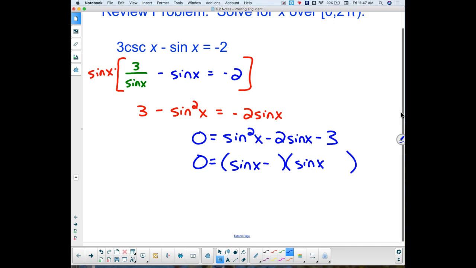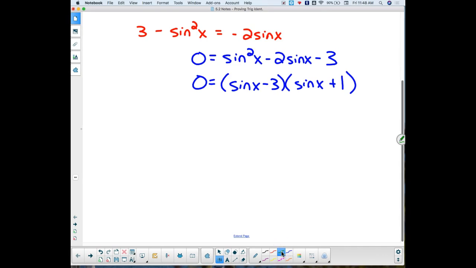I need a -3 and a +1. First equation. Second equation. Add 3 to the left one, subtract 1 from the right one.